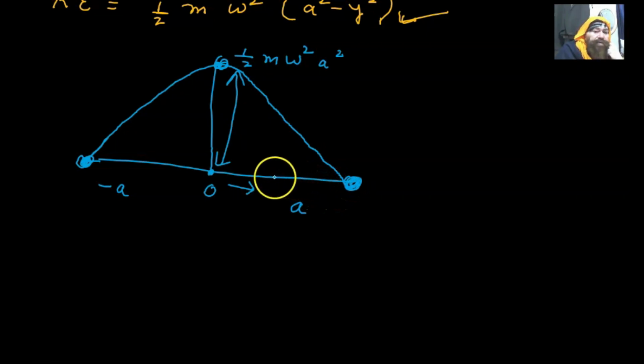Then it starts increasing, becomes maximum at the mean, again decreases to 0, and again increases to maximum. So this is all about kinetic energy.